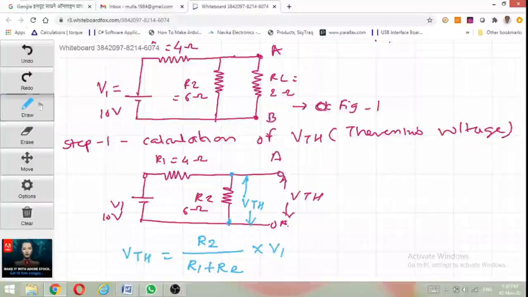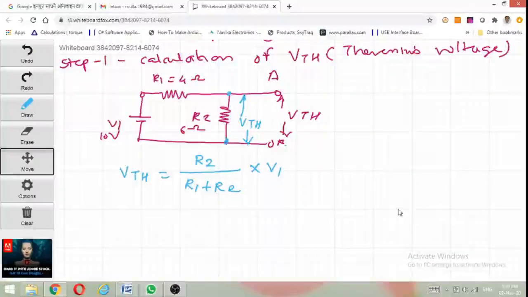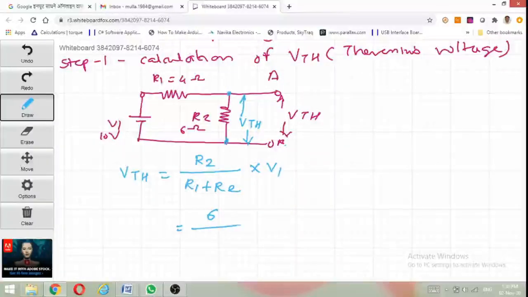Then by substituting the values of R1, R2 and V1, it is 6 ohm divided by 4 ohm plus 6 ohm, multiplied by V1, 10 volt.